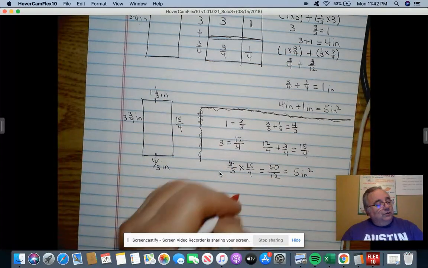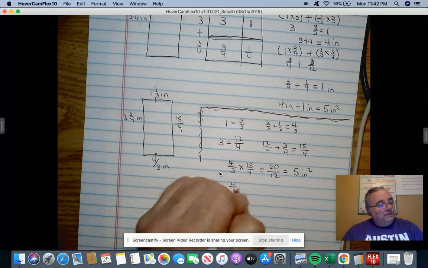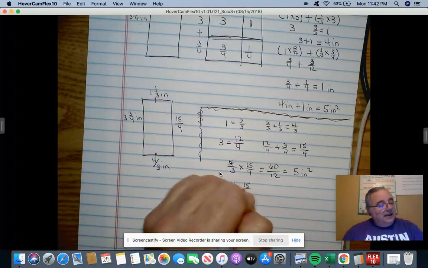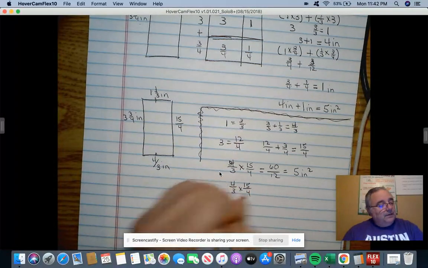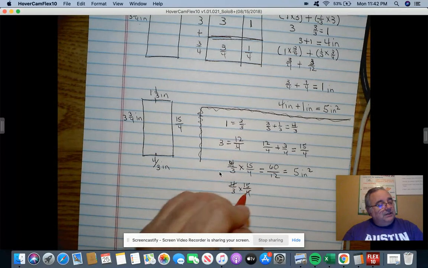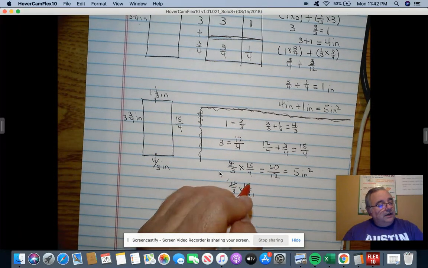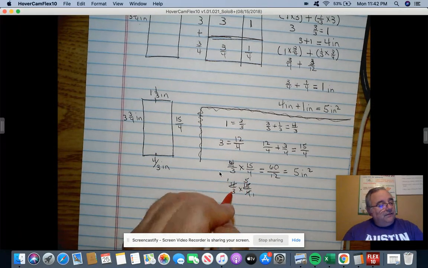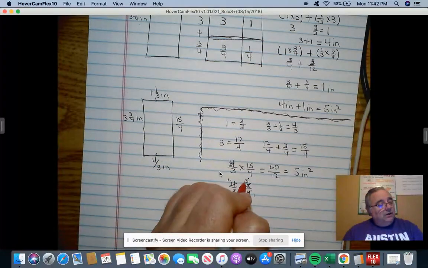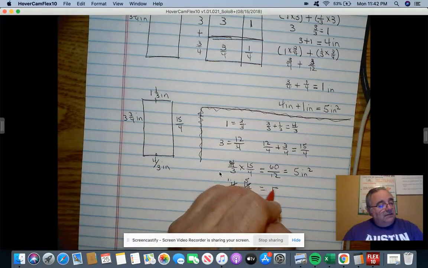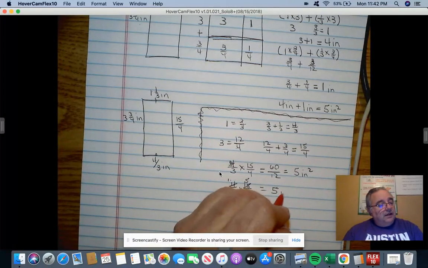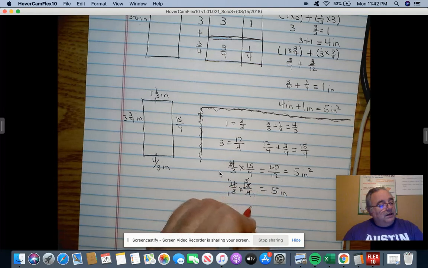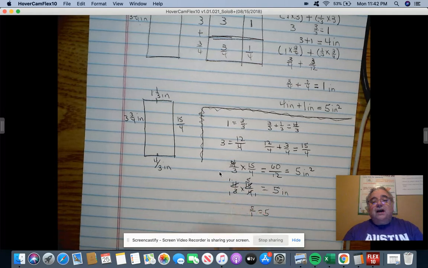And for those who like math quite a bit, I could have gotten to that answer a little bit quicker by knowing that I can reduce these down to 1 and 1, reduce that to 5. This becomes 1. So 1 times 5 equals 5 over 1, and 5 over 1 equals 5.